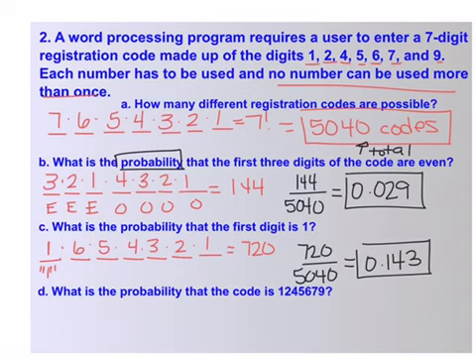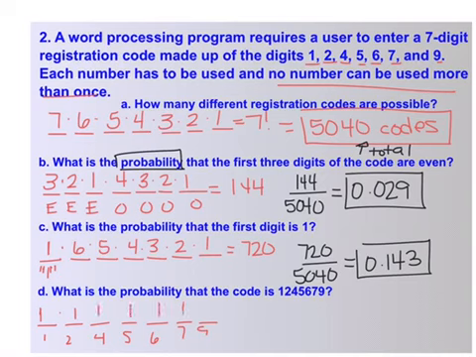Last part here, part D: what is the probability that the code is 1, 2, 4, 5, 6, 7, 9? Well, we know that the first one has to be a 1, then a 2, a 4, a 5, a 6, a 7, and a 9. There's only one way for me to get a 1, one way to get a 2, and the same for all of these.